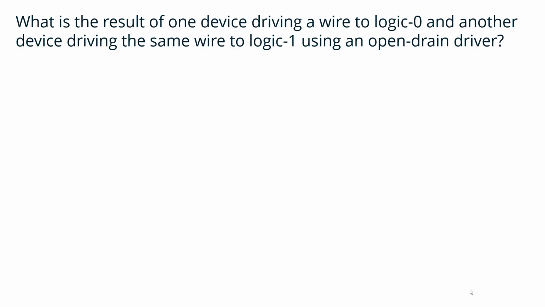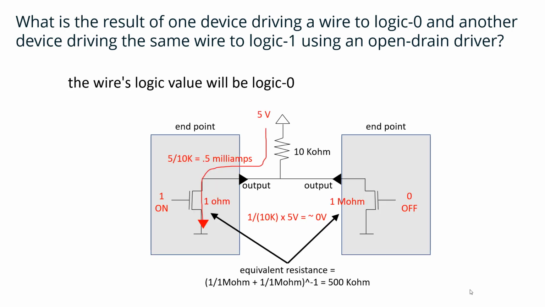So there is a detection. The driving side is essentially reading it too, to monitor it. Does that make sense? You guys with me? Okay. So in this case, it would go to logic 0. We pull it down.